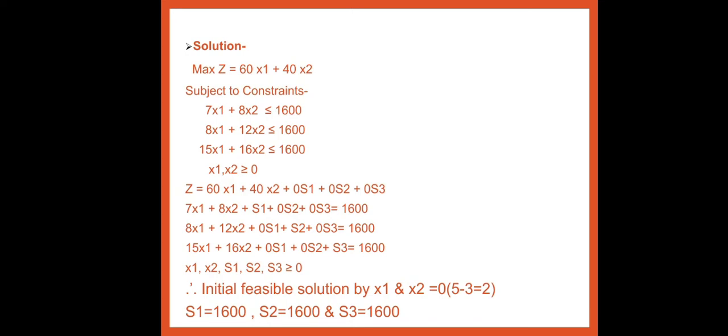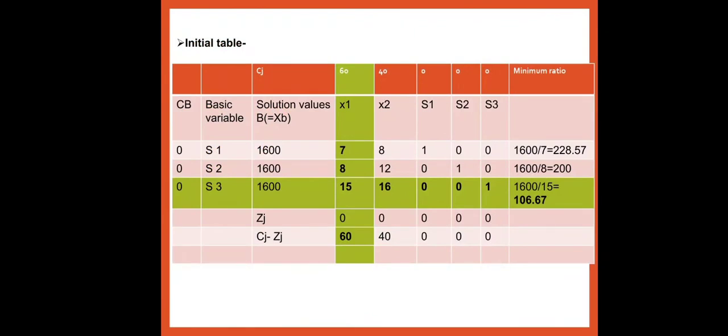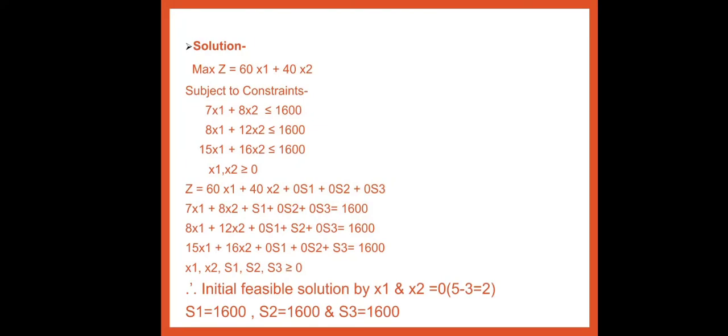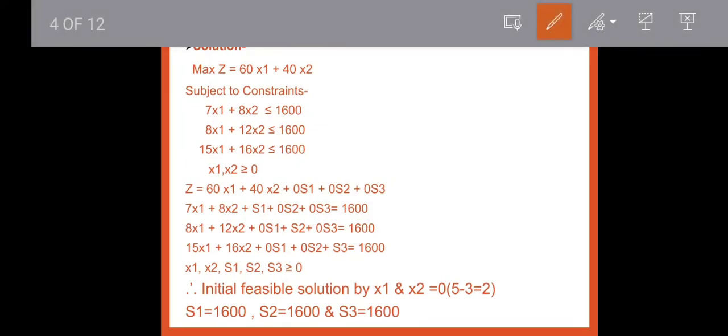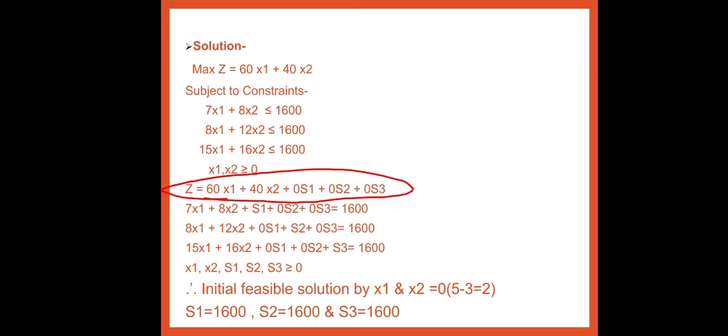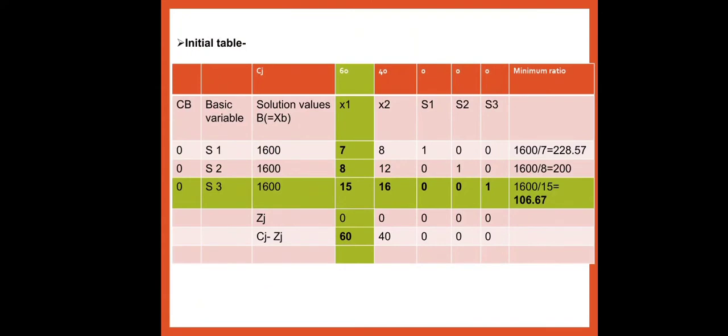Now we need to do the initial table. Let's move on to the initial table. This is the format of the initial table: CB, basic variable, CJ, solution values, then ratio. CJ is the profit of the maximum z, which we should write there.